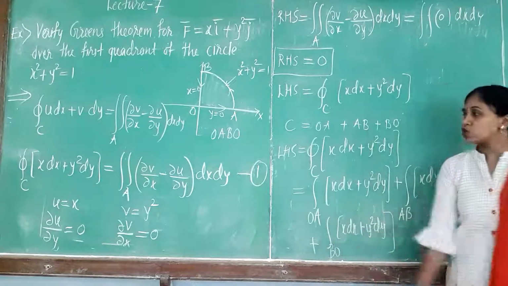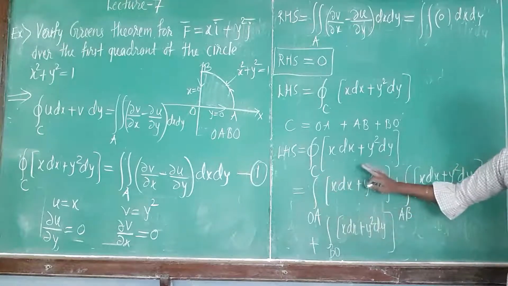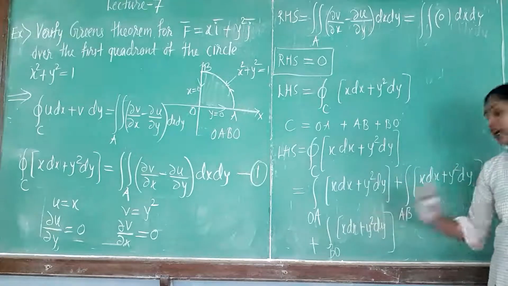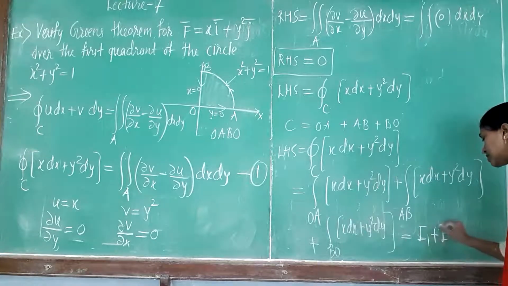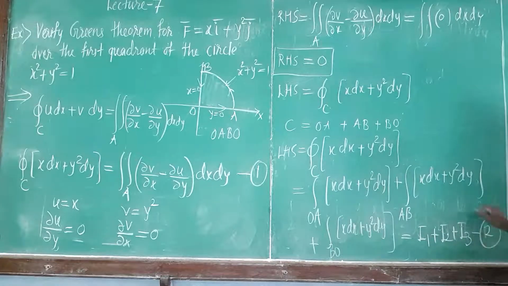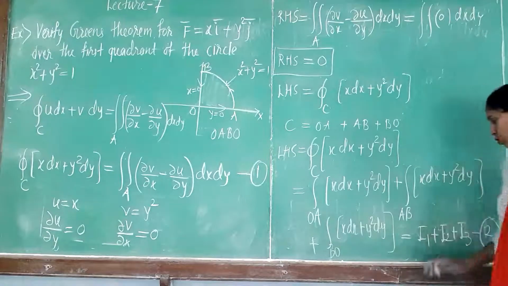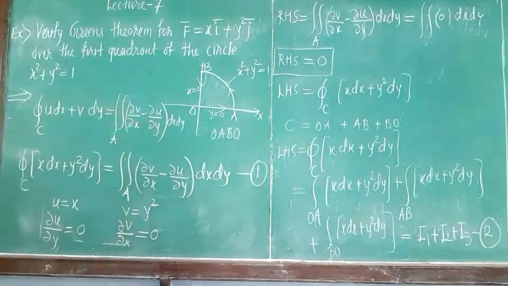To solve the left hand side, we have to evaluate these three integrals, which we denote by I1 plus I2 plus I3. This is equation number 2. So we find I1, I2 and I3 one by one.